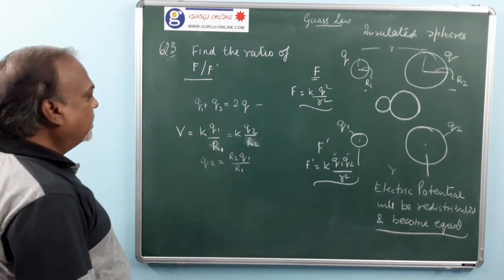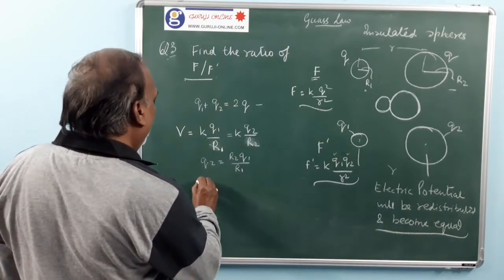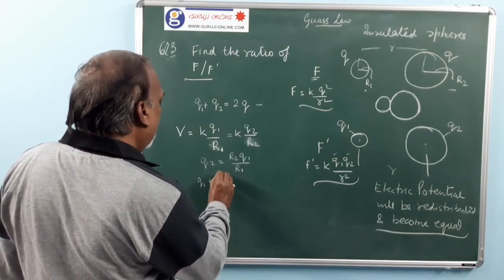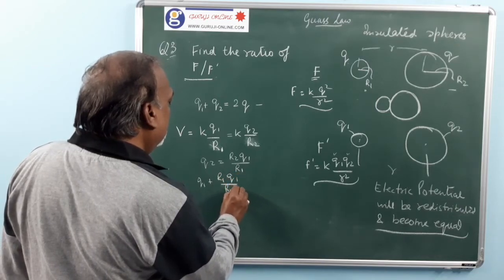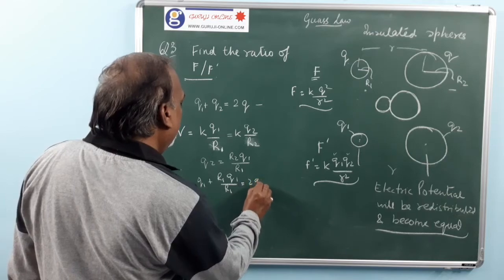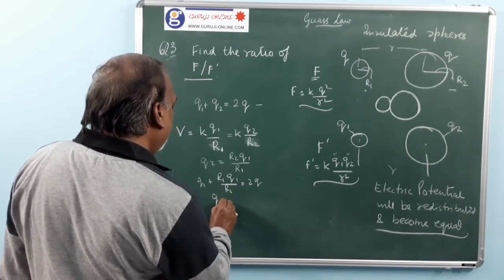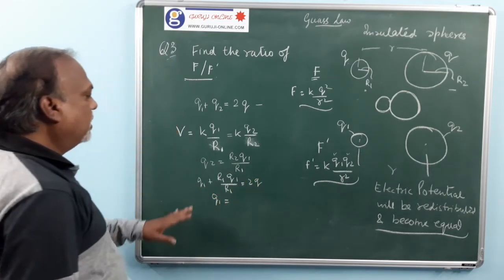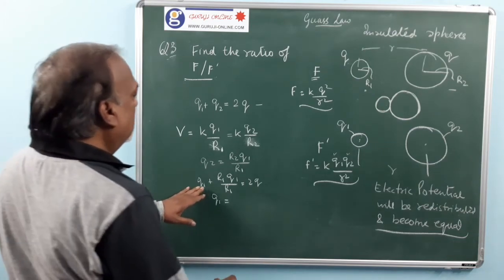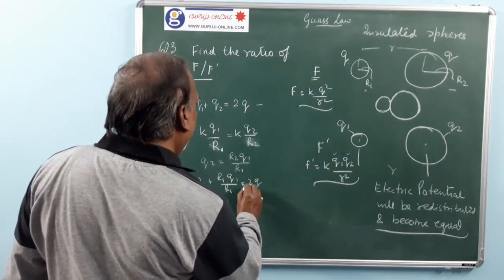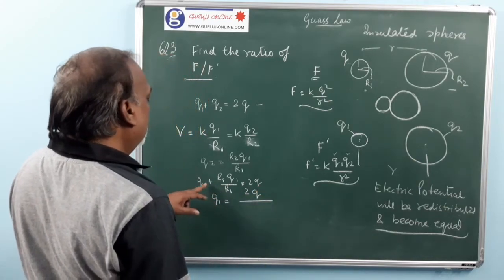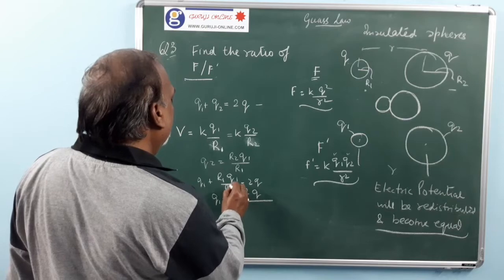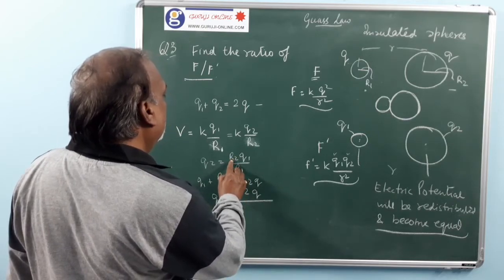If we put this value here, then Q1 plus R2 Q1 upon R1 must be equal to 2Q, or Q1 will be nothing but 2Q upon, sorry, this is R2.